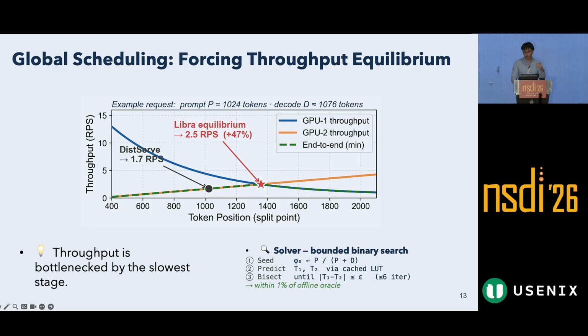So for every new request, we just calculate the delta corresponding to this request's runtime. And we bisect until the two GPU times converge within epsilon. Also, we limit the entire search to under 6 iterations.